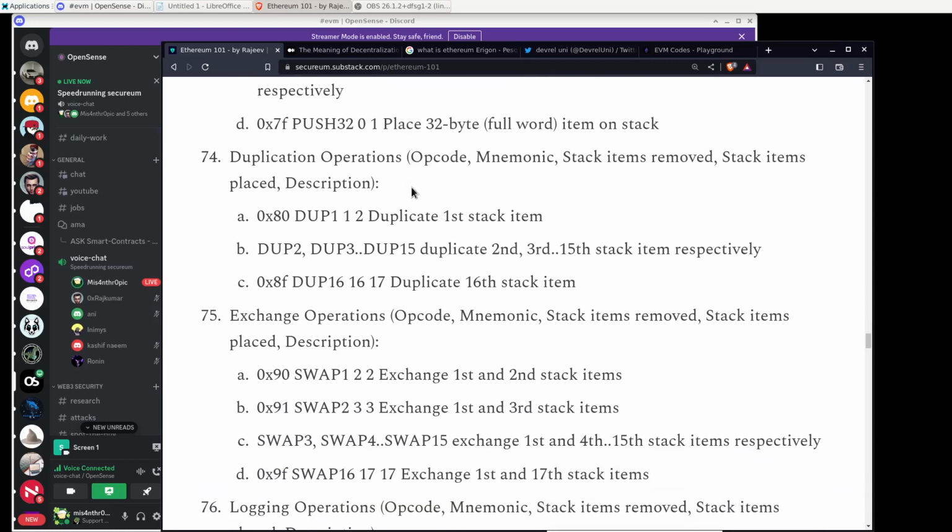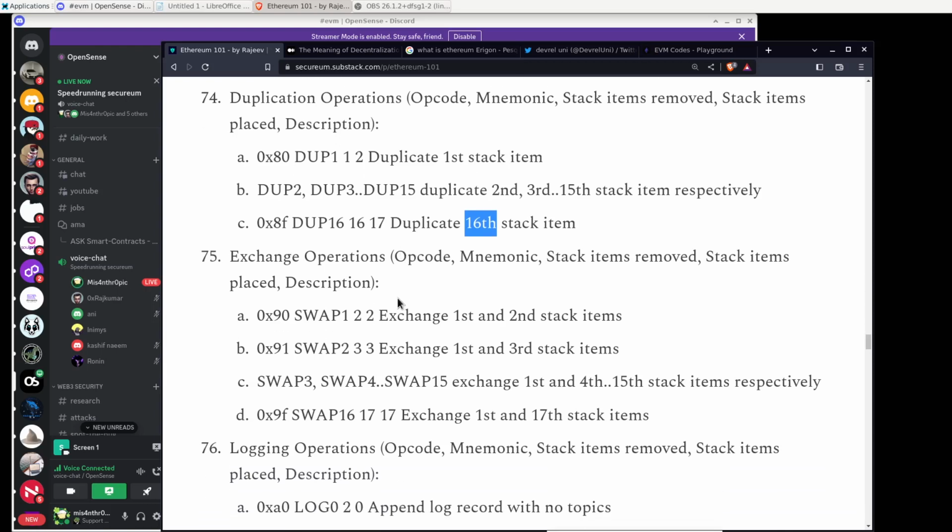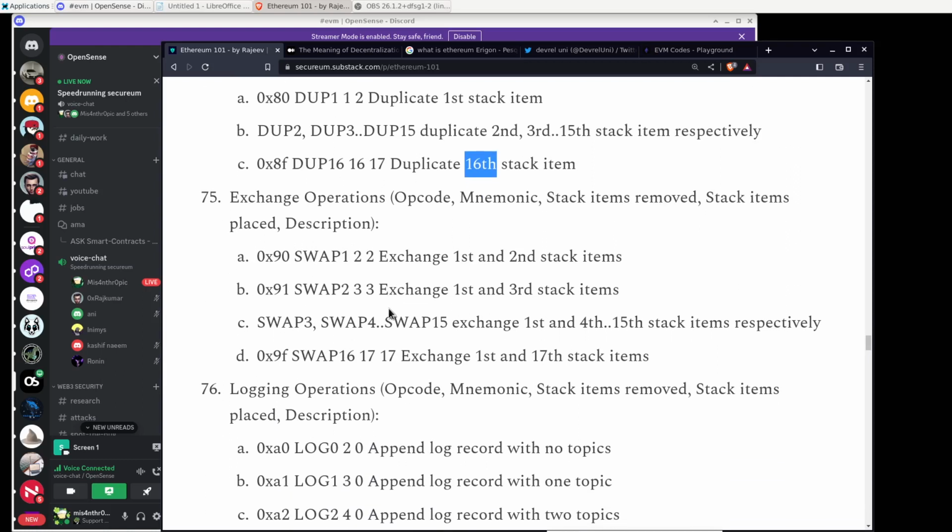Duplication operations, those are the fun ones. 0x80, DUP1, duplicates the first item of the stack. And you have that until 0x8f, which duplicates the 16th. Remember that we only work with 16 stack positions at a time.